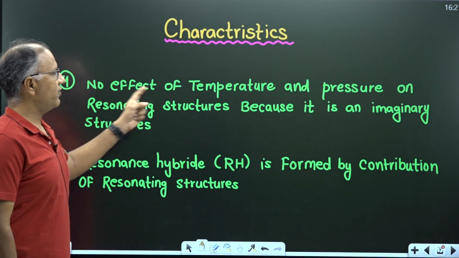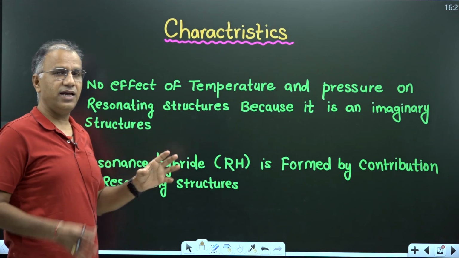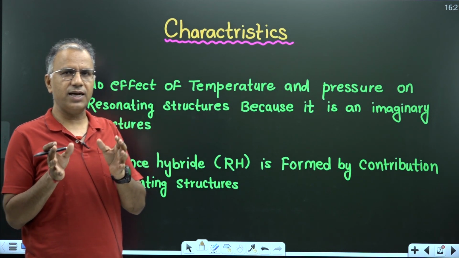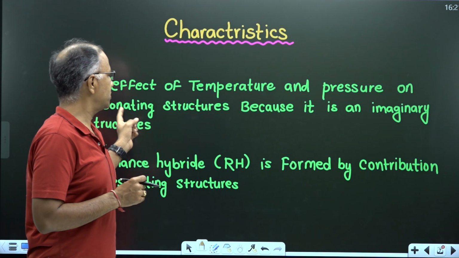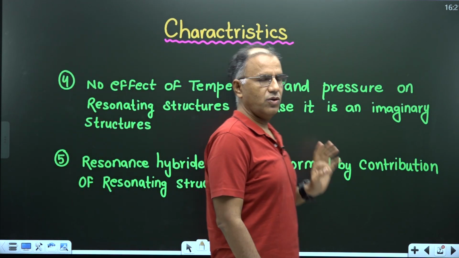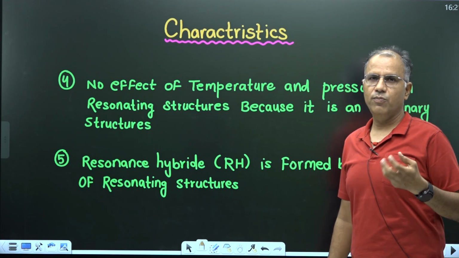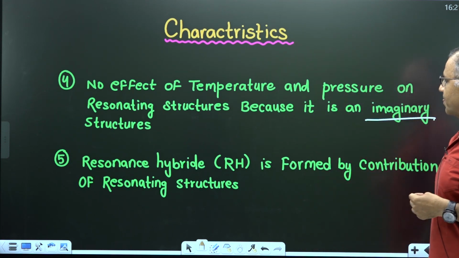There is no effect of temperature and pressure on resonating structures because they are imaginary. The resonating structure does not exist. For something that does not exist, the concepts of equilibrium and thermodynamics are not applicable. Just like a ghost, there is no effect of temperature and pressure on a ghost.